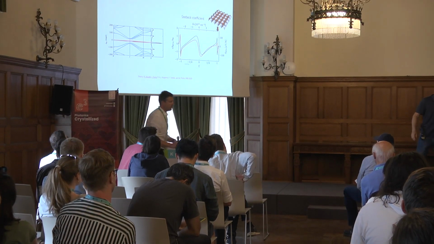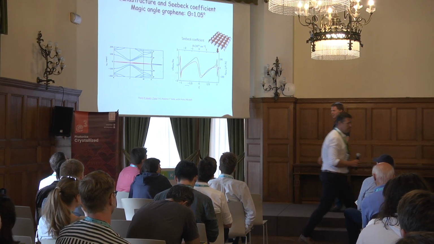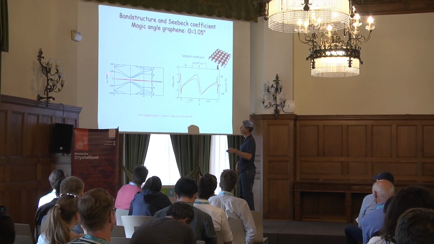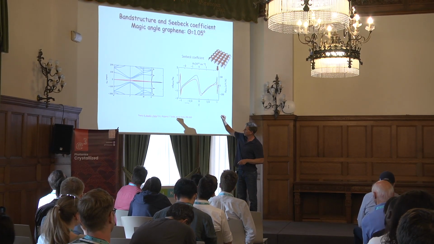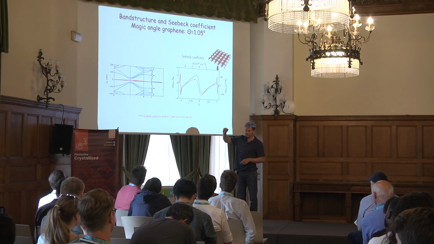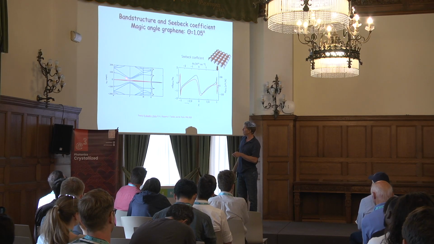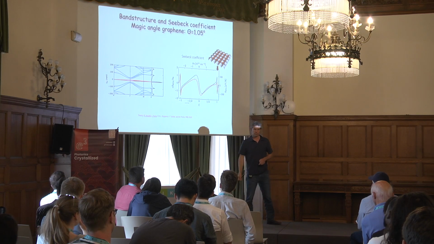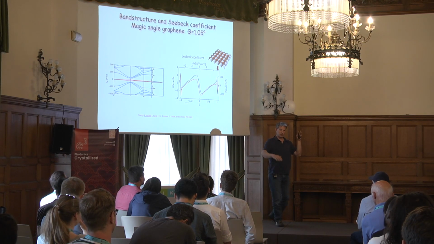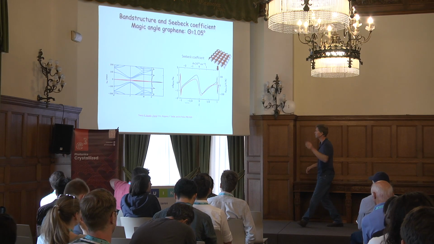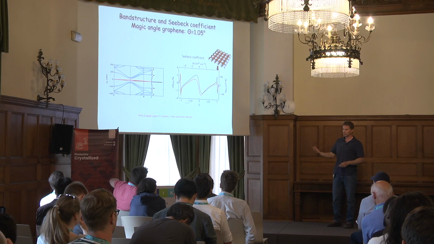As I mentioned to you yesterday at dinner, look at these flat bands, right? They are as flat as 10 meV, and kT at room temperature is 30 meV. So at room temperature, these bands are filled. Well, strictly speaking, half filled because it's a thermal distribution, but the gate does very little.